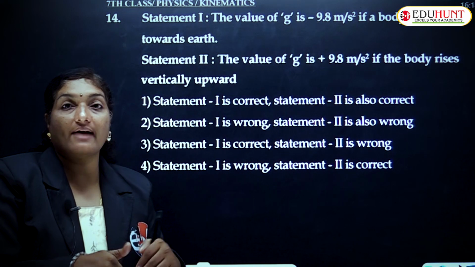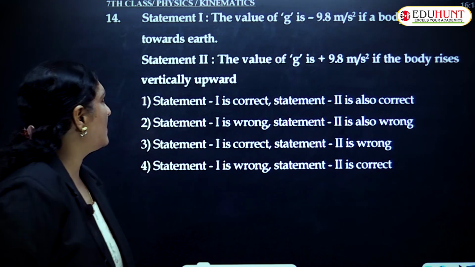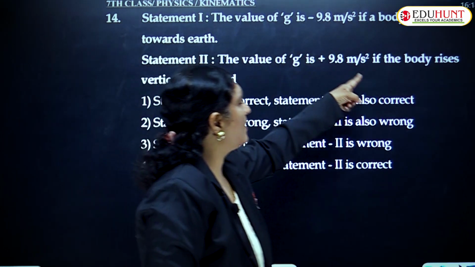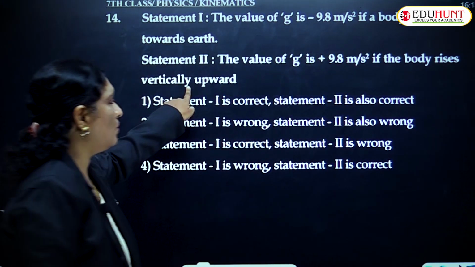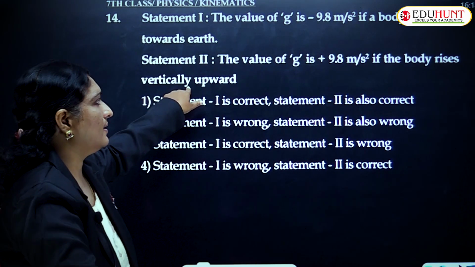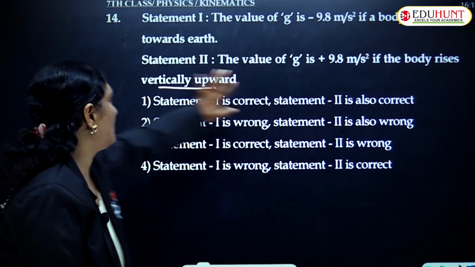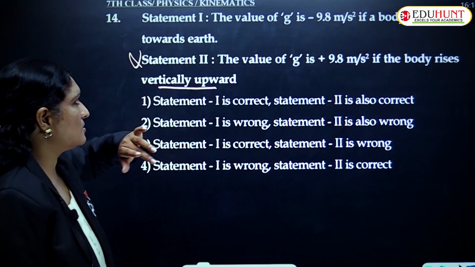Hence, the increasing value is taken as plus 9.8. The value of g is 9.8 if the body rises upwards? No, if it is coming down, then it is 9.8. But vertically upwards means it should be minus 9.8. First, this statement is true.